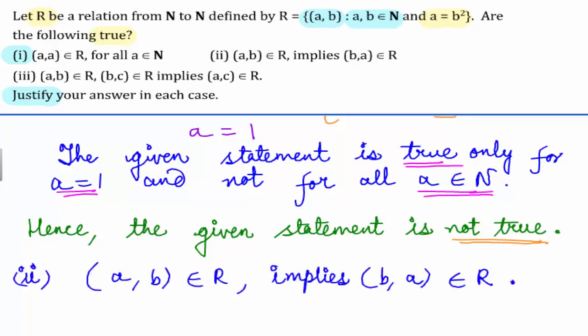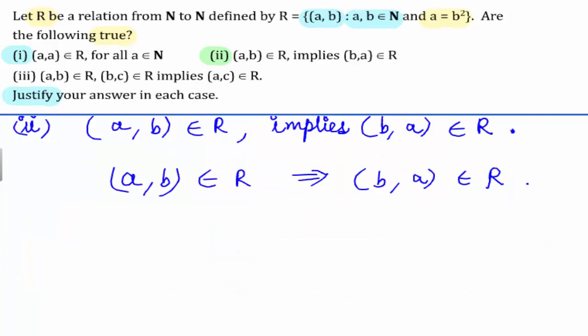Now let us consider the second statement which is given to us. It says (a, b) belongs to R implies (b, a) also belongs to R. Let us assume that the ordered pair (a, b) belonging to R implies that the ordered pair (b, a) also belongs to R. This means a is equal to b square implies that b is equal to a square.